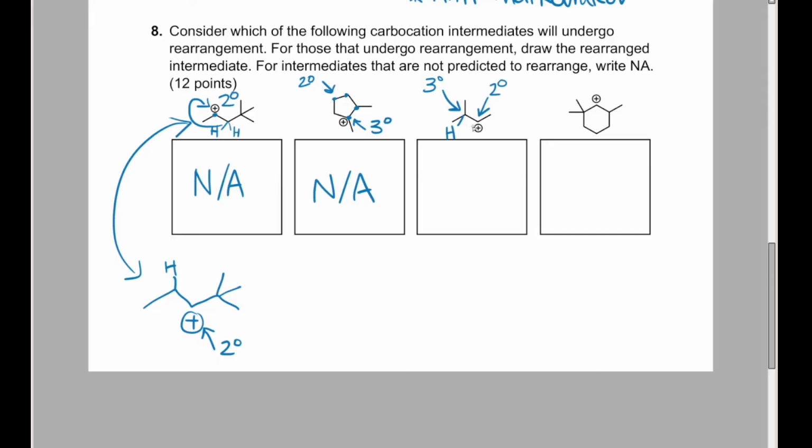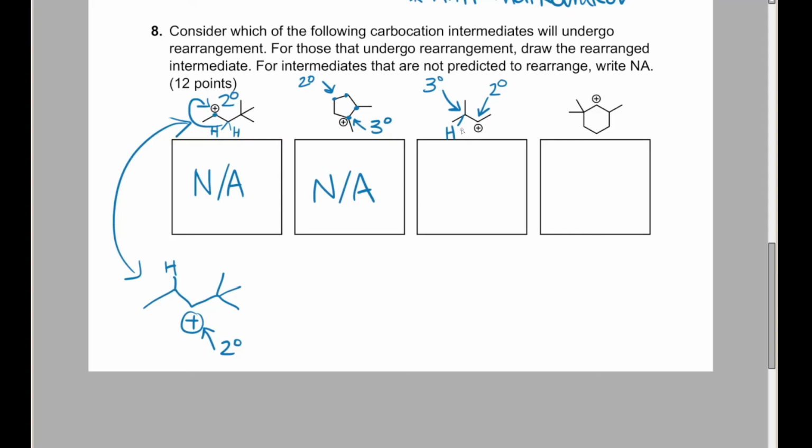Instead of moving the methyl groups over to the carbocation, we want to shift the hydrogen because it's lighter and therefore easier to move. Think about it: when you're moving to another place, it's easier to carry a lighter box than a heavier box. So if you're given the choice between shifting a methyl group or a hydrogen, you always want to shift the hydrogen.